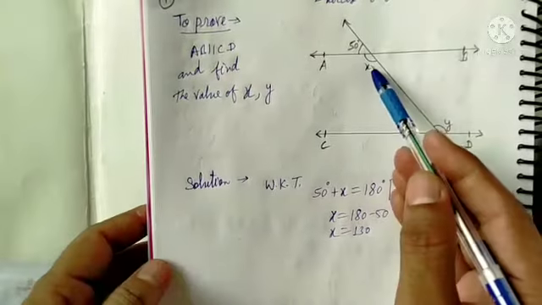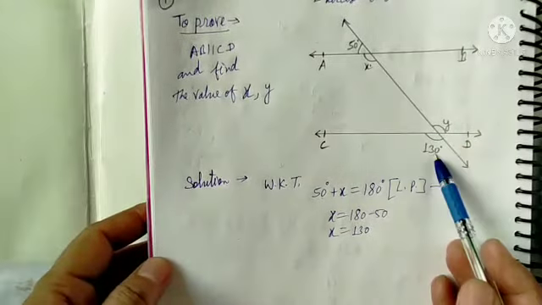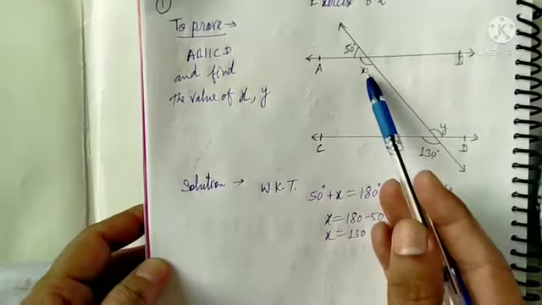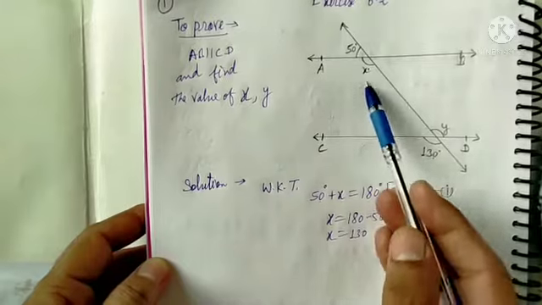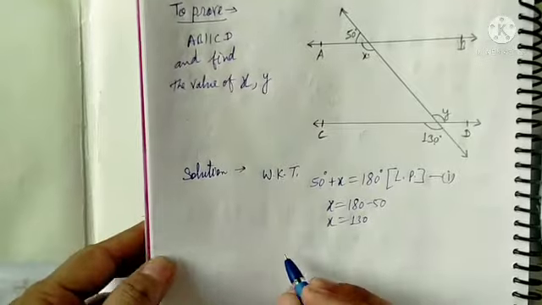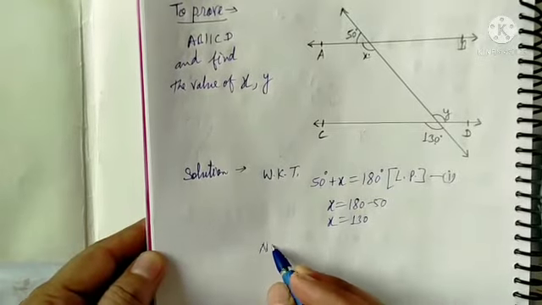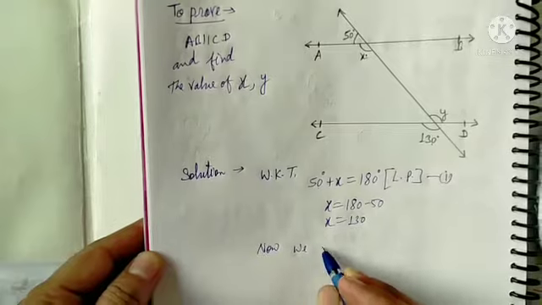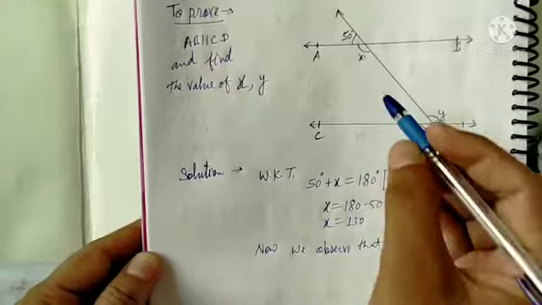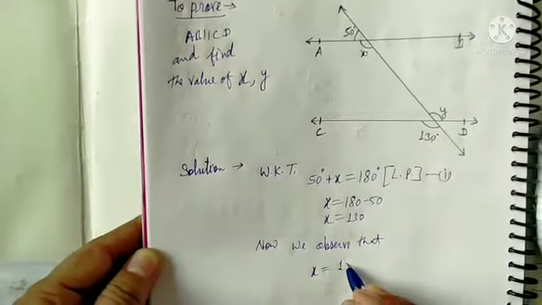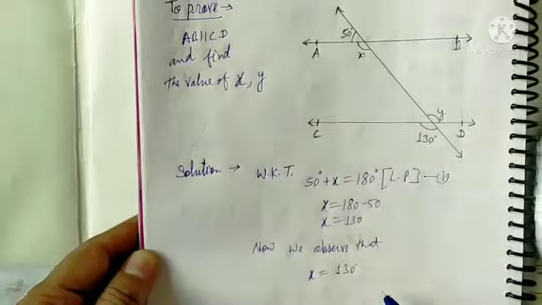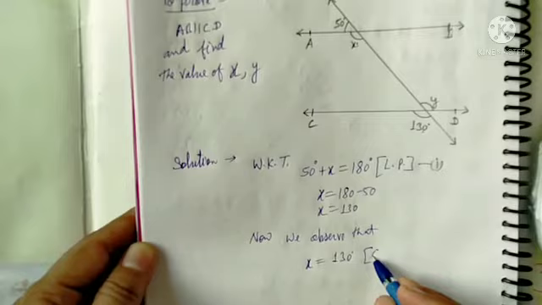Now students, you can see x is 130 and this is also 130. It means one relation you can observe here. One is exterior, another is interior, and on the same side of the transversal, it means they are corresponding angles. Now we observe that angle x is equal to this exterior angle 130, showing what?